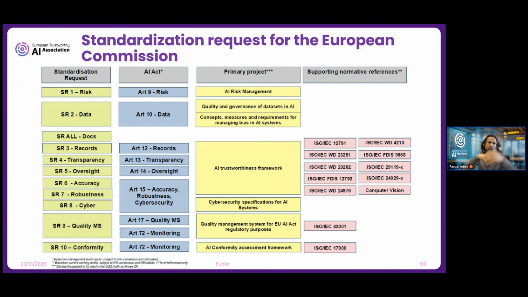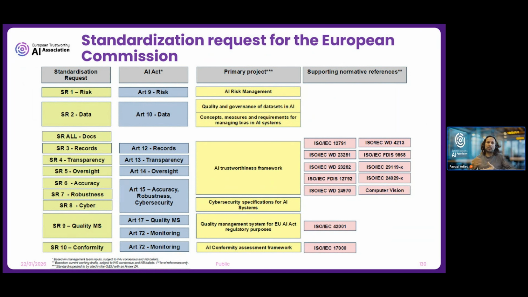We have the trustworthiness framework, which is a huge standard, and we have data set, bias, cybersecurity, and other supporting normative references, which are not primary projects but are also seen by the European Commission to be sure that the technical content is well written and acceptable for them, because we are not writing everything.